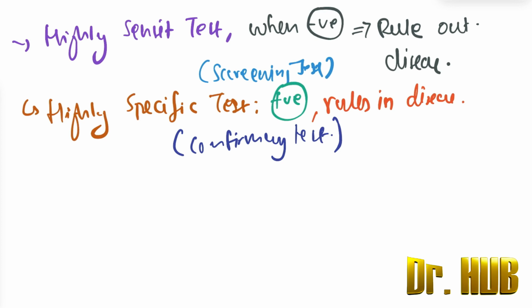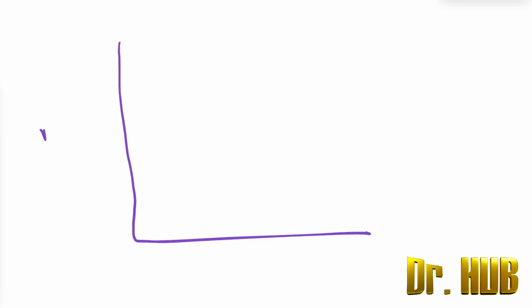So let's look at the various graphs. In case of lowering the cutoff point from B to A, let's look at this graph. Whenever we are drawing a graph, we need to know what is X and Y. The Y-axis, as we discussed, is the number of people, and X is the test results.